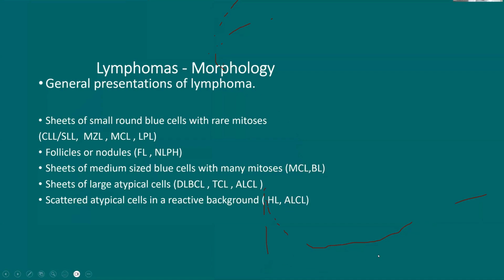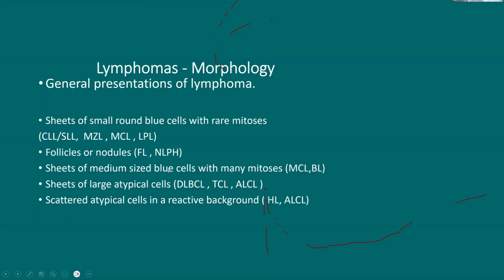The last thing in the general introduction is the morphology of the lymphomas, if you have a visual mind of what a lymphoma will look like. If you have sheets of small round blue cells, these have a specific differential diagnosis of small cell lymphomas. If you have follicles or nodules, either follicular lymphoma or nodular lymphocyte predominant Hodgkin lymphoma.